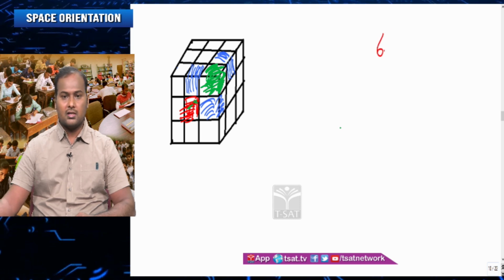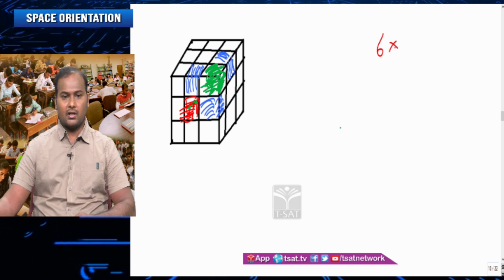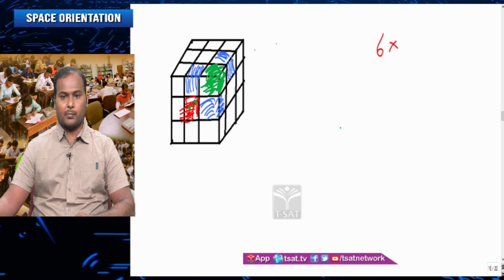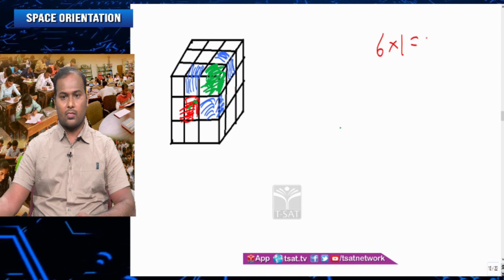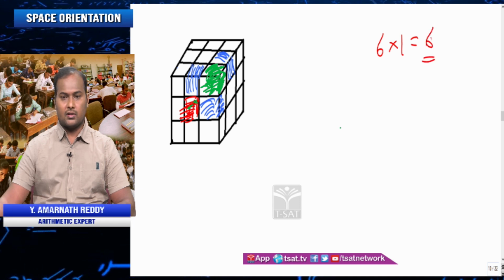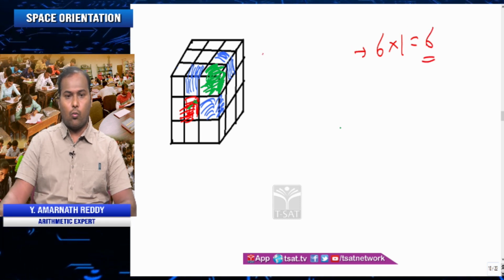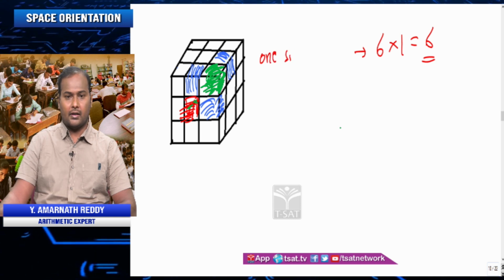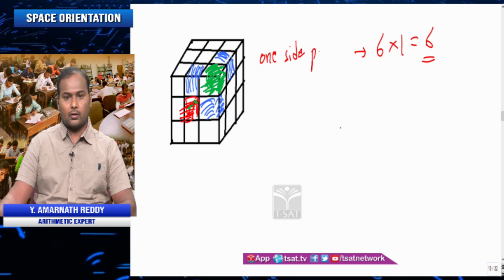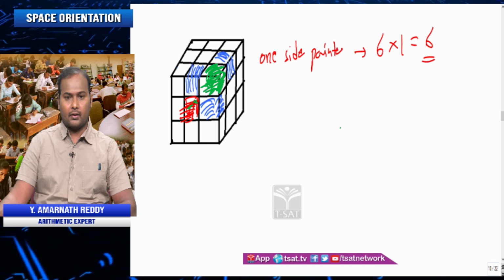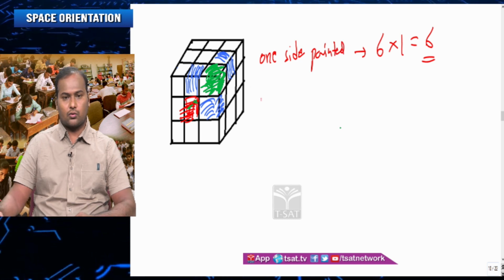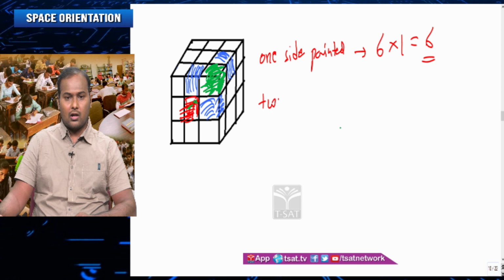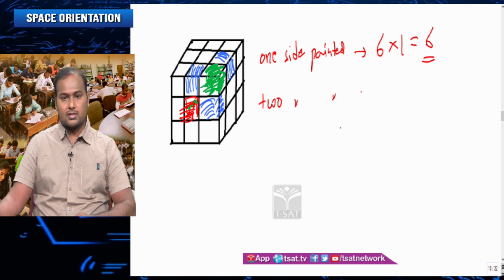We are having a total of 6 faces, and on each face the center is only 1, that is one side painted. So 6 into 1 equals 6. So these 6 will always have one side painted. So this is very, very important. One side painted.